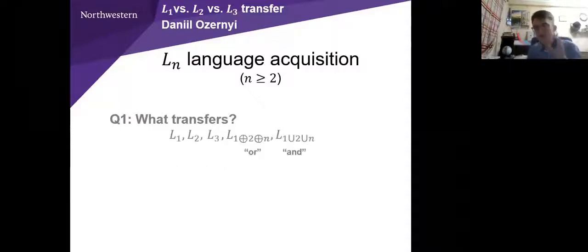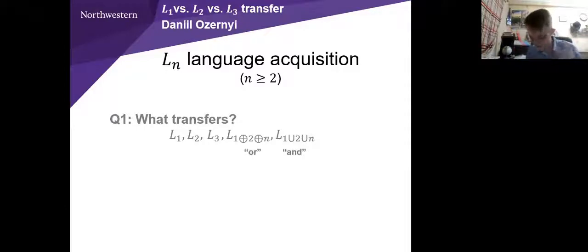The conceivable options are five for quadrilinguals. It is conceivable that L1 is always the main influence, or L2, or L3, or one of the three but not all of them, which is shown on the slide with the exclusive disjunction sign.